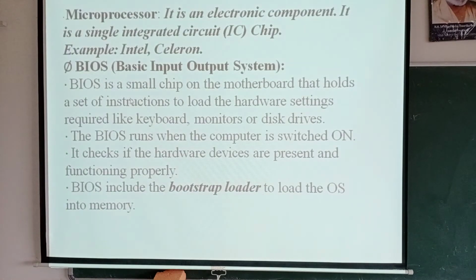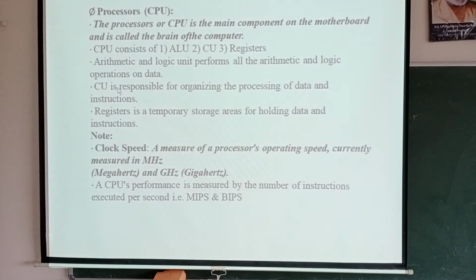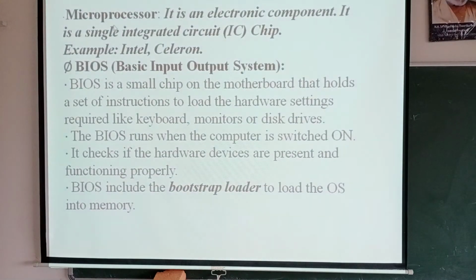Now, next one is, what is a microprocessor? Micro means small. The word micro suggests it's a small processor, something that is doing some execution. It is an electronic component because it works with electricity.